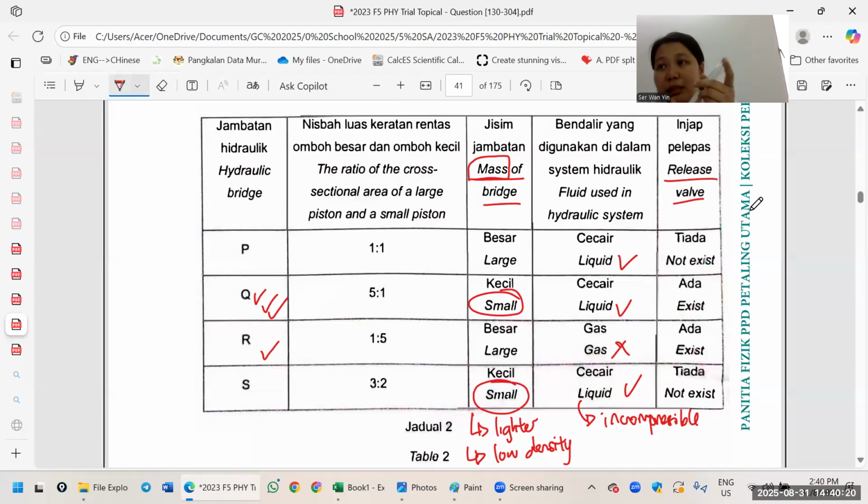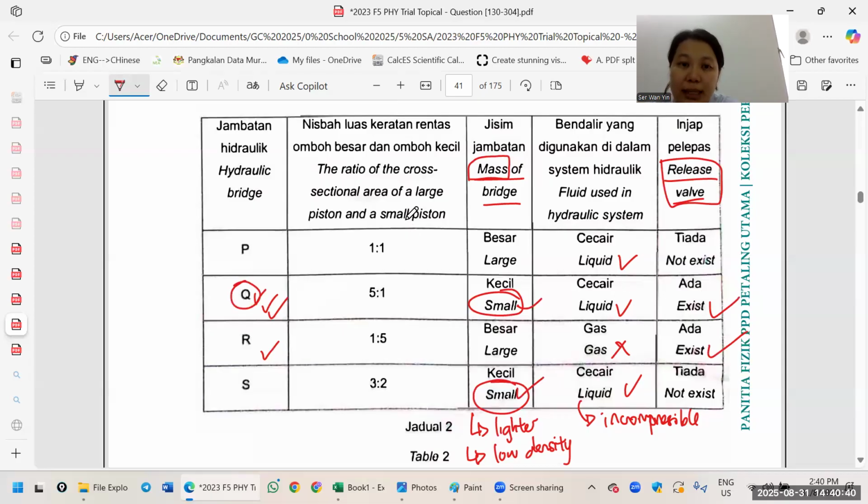The release valve means you need to press this. When you press it, everything will return to the same level. So it exists for a better reason. Now we can actually see it already.